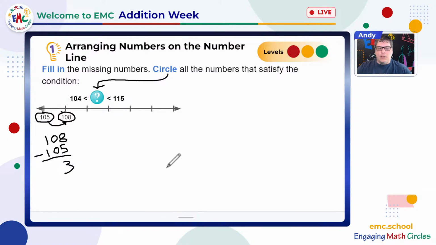We have someone here, woo! Okay, so what would the next one be if you can find chat? That would be awesome. We're going up by 3 each time. 108 plus 3 is 111.